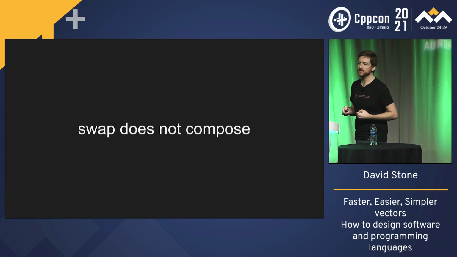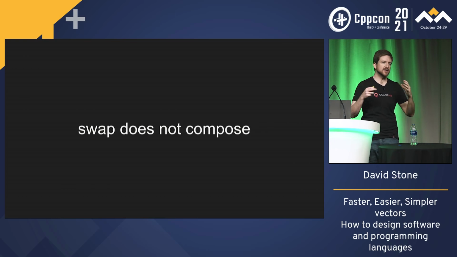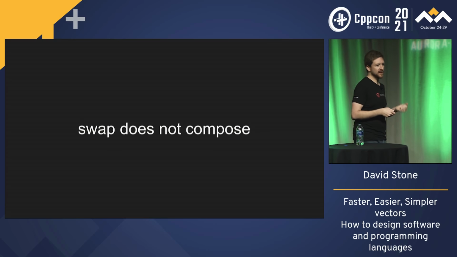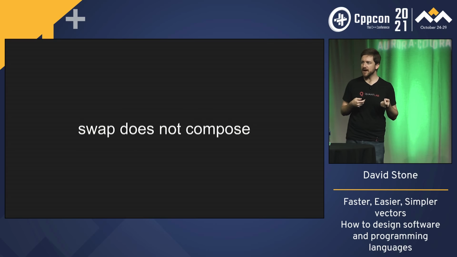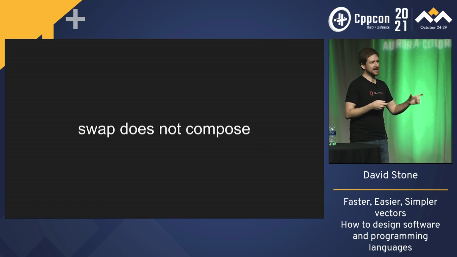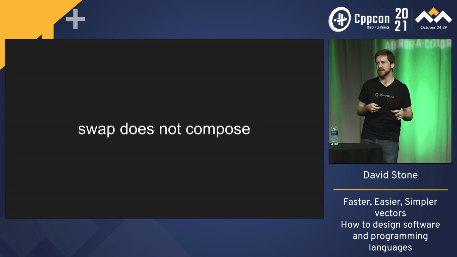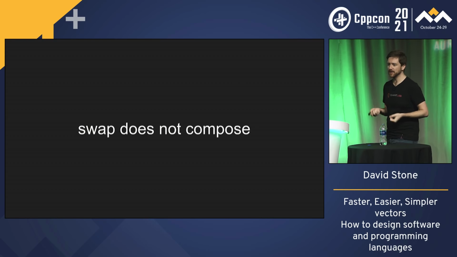Swap does not compose, meaning if you have a data structure, you need to write your own swap for it because the default swap won't actually optimize properly. But then if you hold that data structure in another container, that container needs to write its own swap because swap isn't going to pick up the swap of the data members. It's going to do the generic one, which doesn't optimize properly.